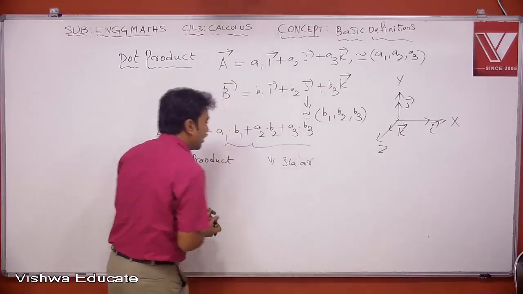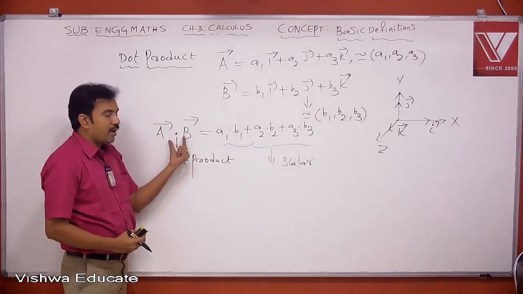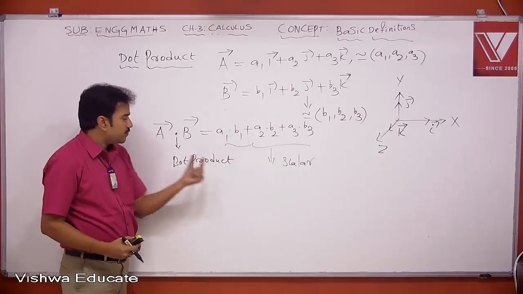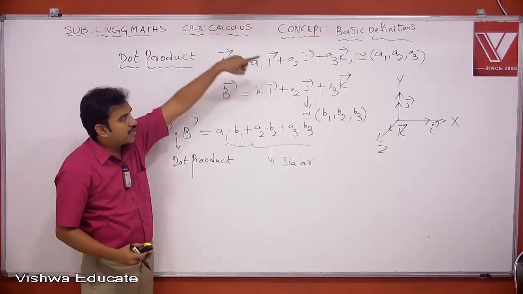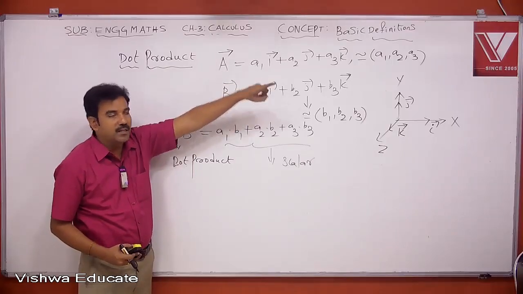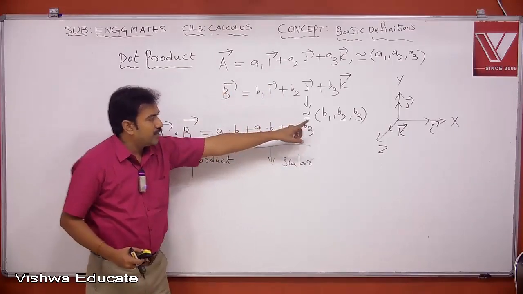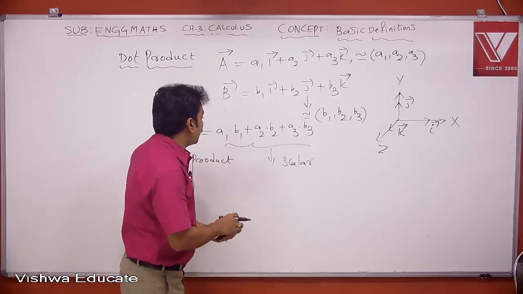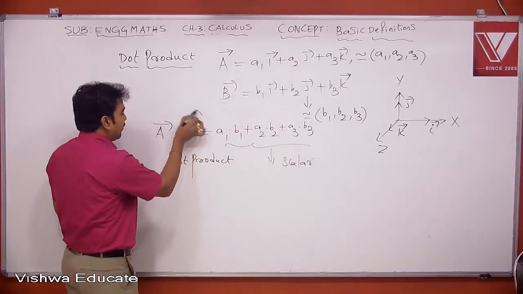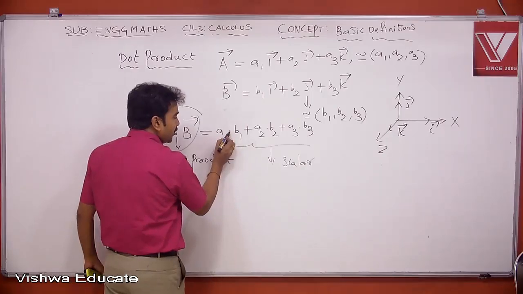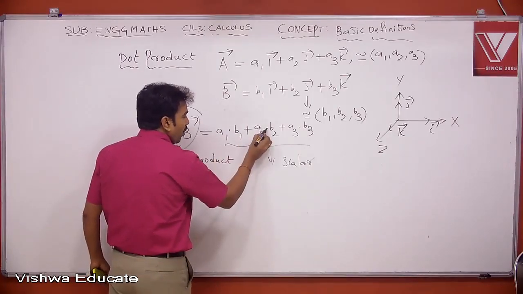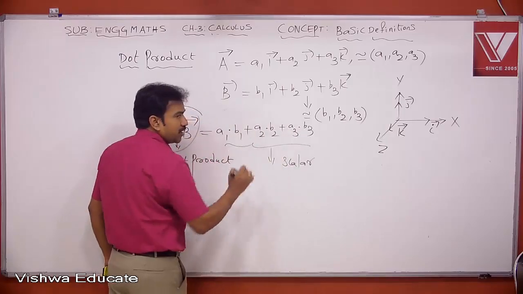Therefore the result is that the dot product of two vectors is always a scalar. The first vector represents a 3D point A1, A2, A3. The second vector represents a 3D point B1, B2, B3. The dot product is defined as A1 B1, which is normal multiplication.